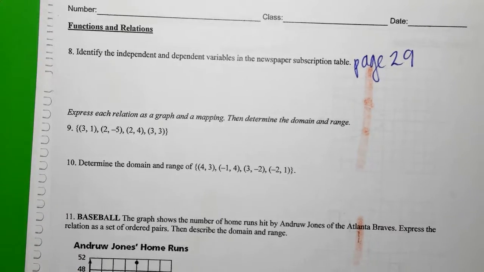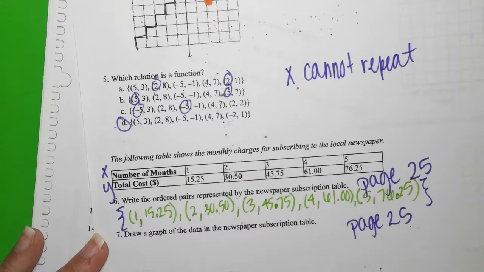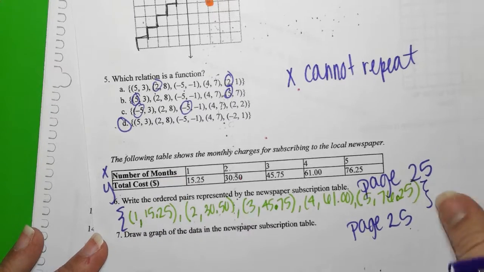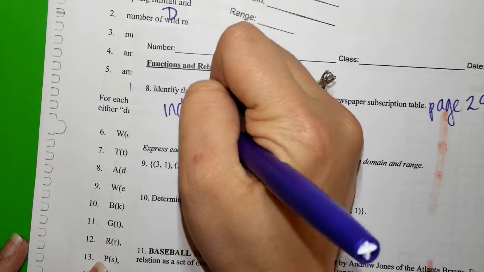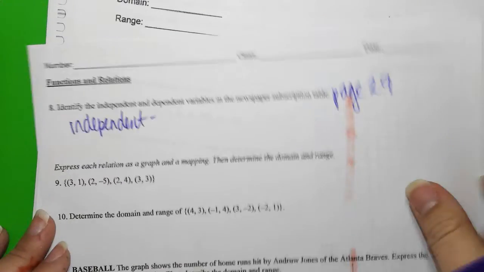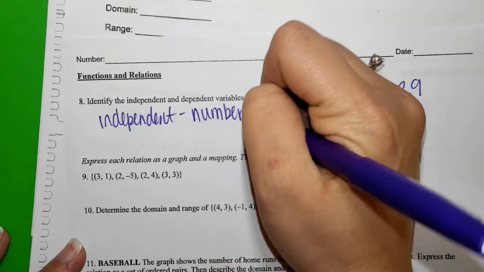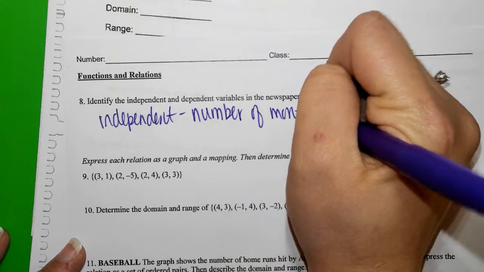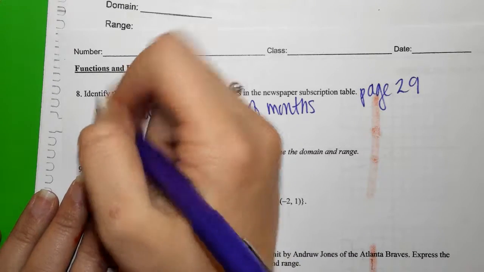So which one on our table was X? The number of months or the total? The number of months. Alright, so independent. Alright, so what is the dependent? If independent is number of months, what is dependent? The total cost. Okay.